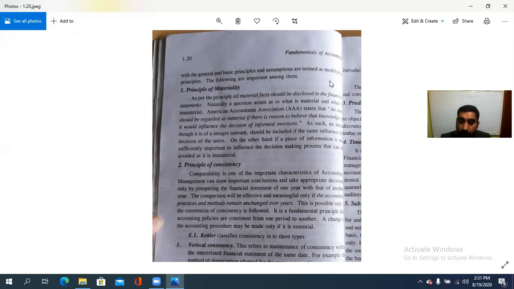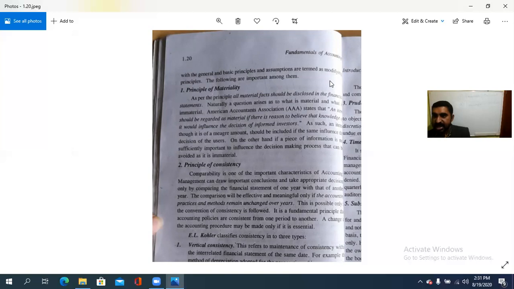Management can draw important conclusions and take appropriate decisions only by comparing the financial statement of one year with that of another year. അപ്പോൾ ഒരു വർഷത്തേത് വെച്ച് പഴയ വർഷത്തെ ഇതുമായിട്ട് നമുക്ക് കമ്പാരിസൺ നടത്താം. എക്സ്പെൻസസ് ഇപ്പോഴത്തെയും റവന്യൂ ഇപ്പോഴത്തെയും തമ്മിൽ മാച്ച് ചെയ്യാം. കമ്പാരിബിലിറ്റി എന്ന് പറഞ്ഞാൽ താരതമ്യ പഠനം.